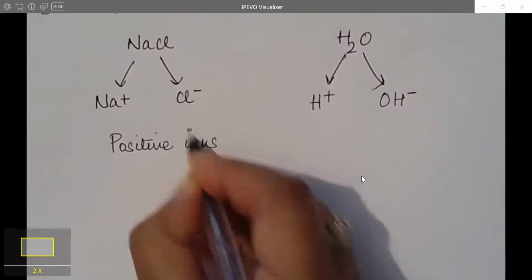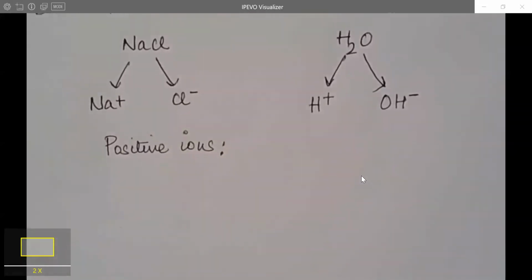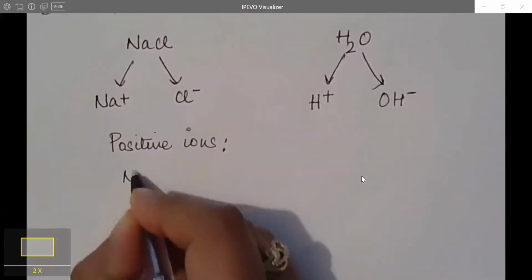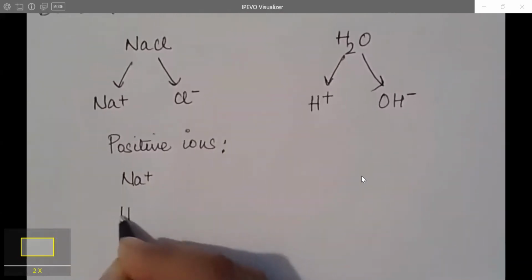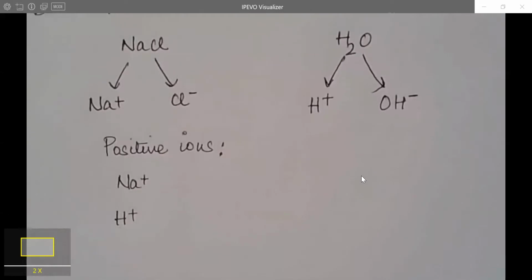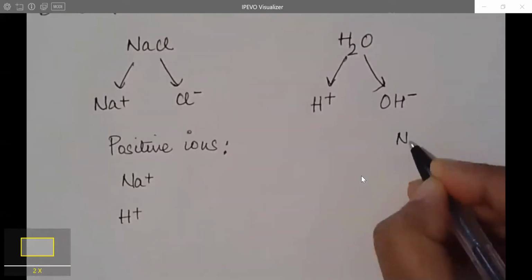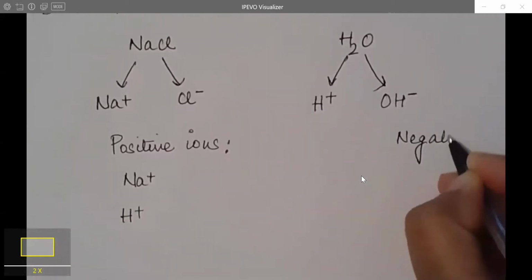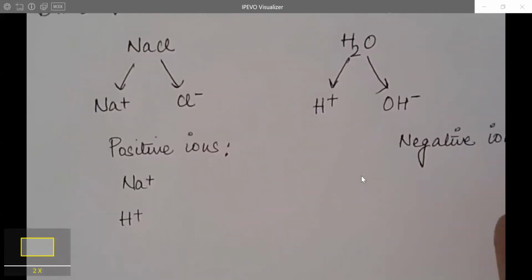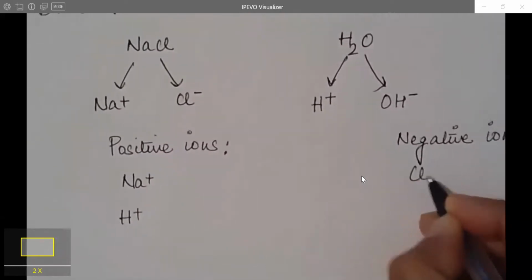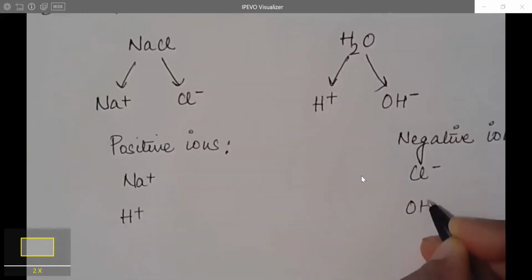The positive ions that we have are sodium ions and hydrogen ions. The two negative ions that we have after electricity is passed through sodium chloride solution are chloride ions and hydroxide ions.